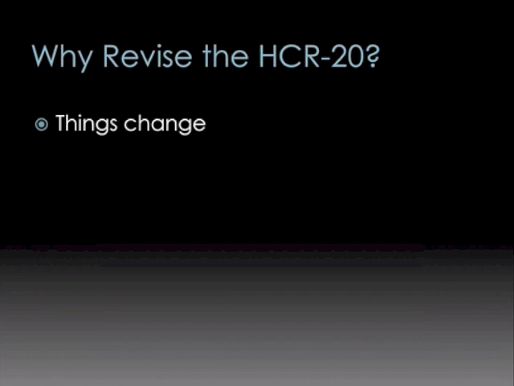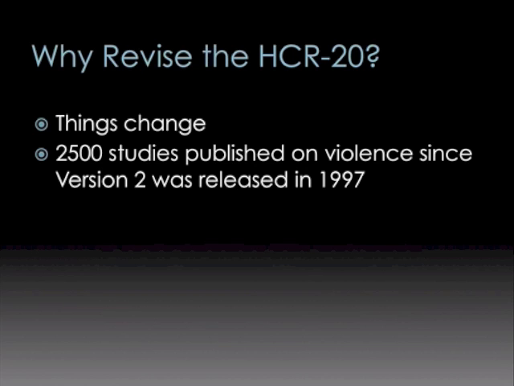There have been about 2,500, if not more, studies published just on the topic of violence since version 2 came out in 1997. It would be silly to think that we couldn't learn something more about violence based on those studies. We didn't really expect to discover brand new risk factors, but we did think there may be slightly different ways to categorize or revise them if need be.